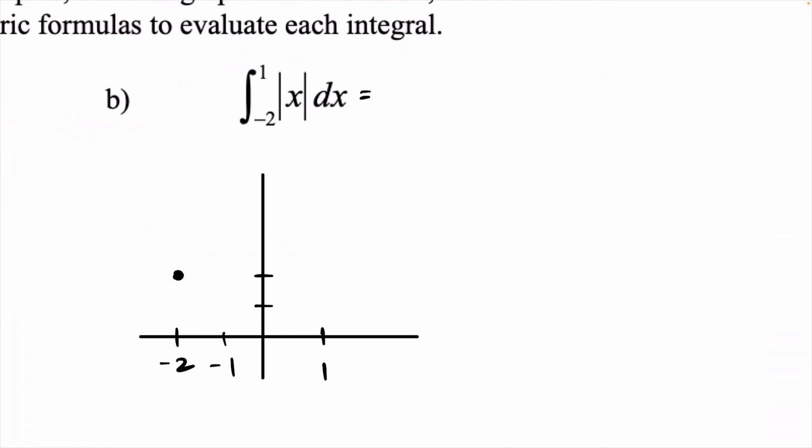At -1, I'm 1 step away from 0. At 0, if I plug in 0 for x to the function, what would I get? 0. If I had 0, you're 0 steps away from 0. How about +1? If I plug in +1 to the function, what do I get? 1. +1. Okay? So, makes a V.